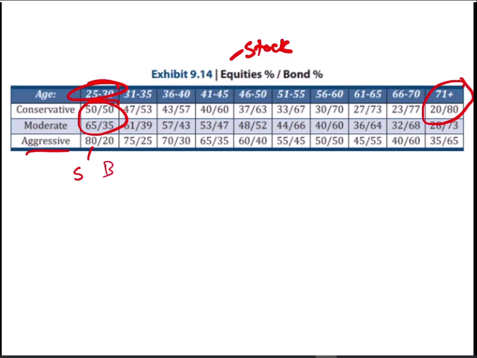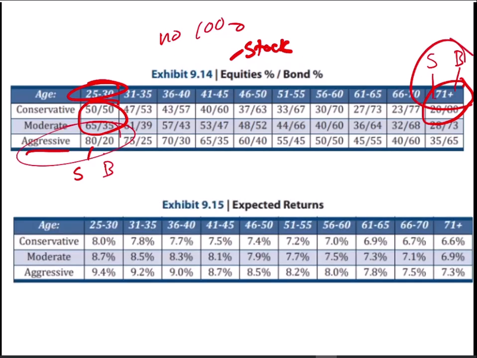On the other end of the continuum, we have someone over 70 who's retired, with only 20% in stocks, 80% in bonds. Notice no 100%. You're never going to see anybody really recommend 100% in anything. So remember that for your quiz, because I'll ask you questions along these lines.